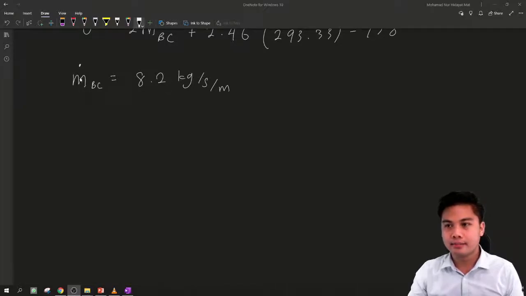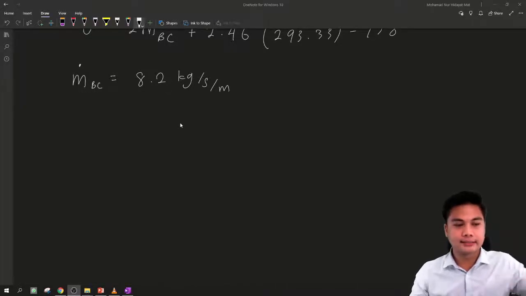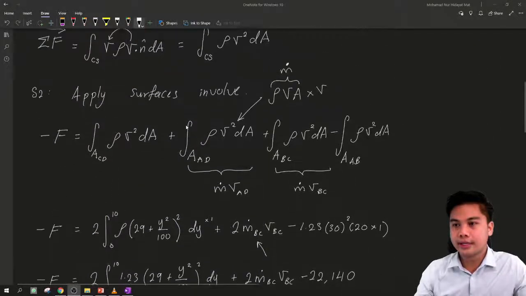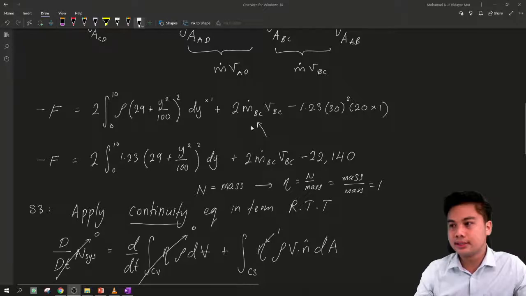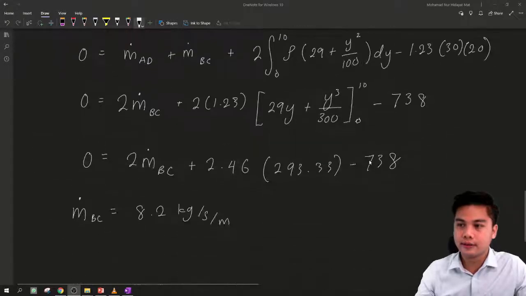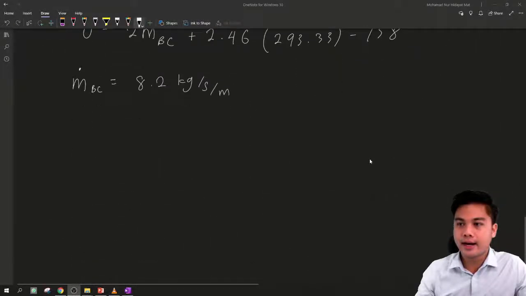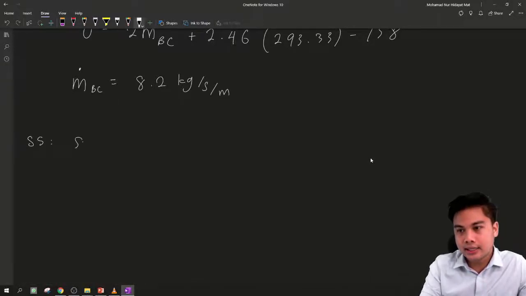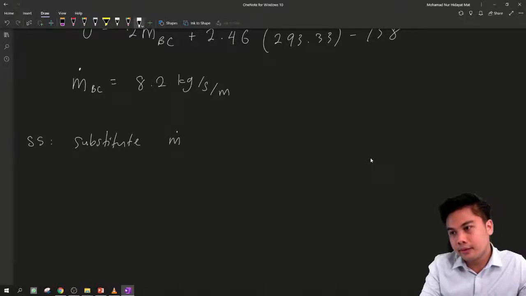Once you get the mass flow rate of BC, you can substitute it into step number 2, where you can see 2 times mass flow rate BC times VBC. So step number 5: substitute the mass flow rate of BC into step number 2.